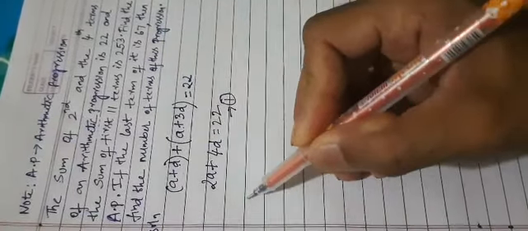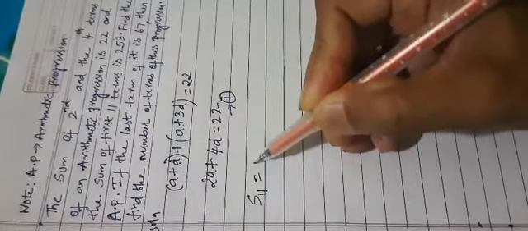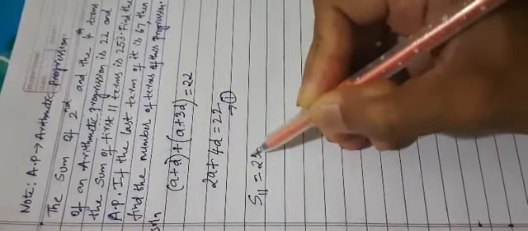And the sum of the first 11 terms is 253. Sum of first 11 terms means S11 is 253. Sum of 11 terms is equal to 253.